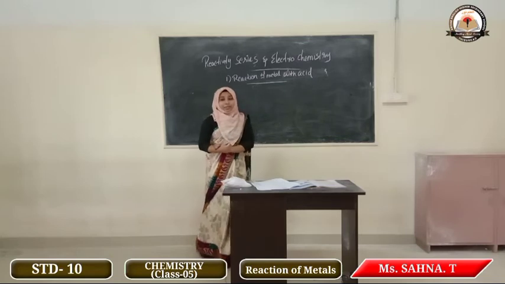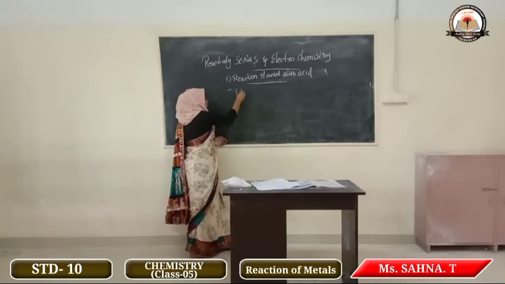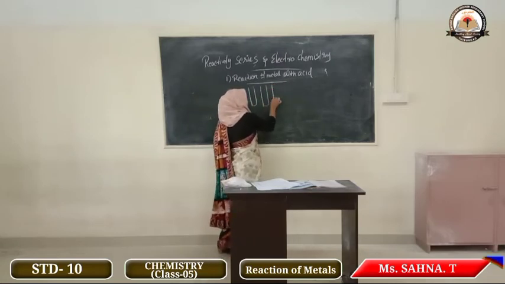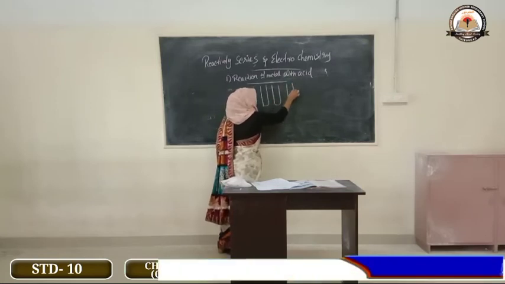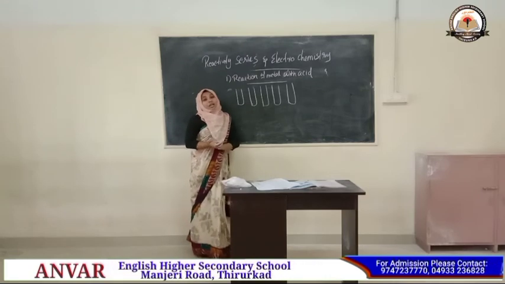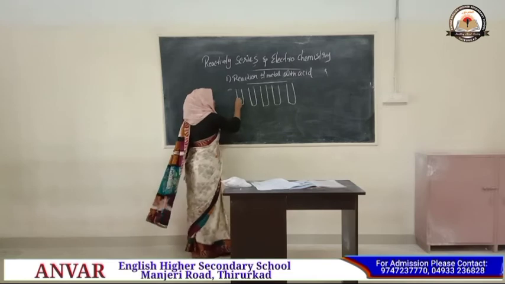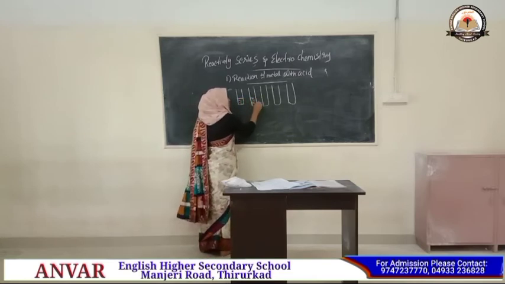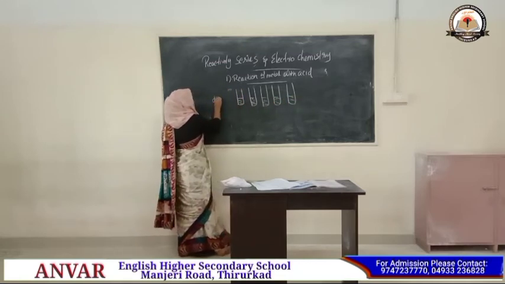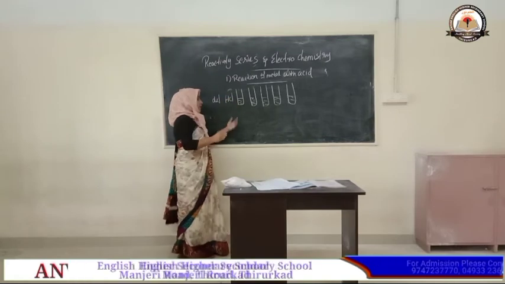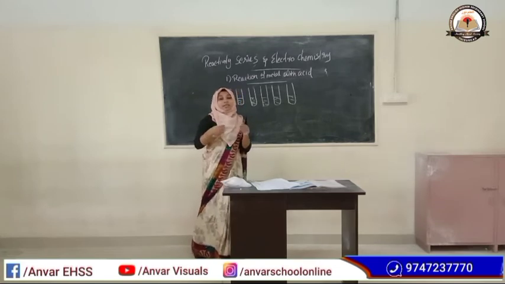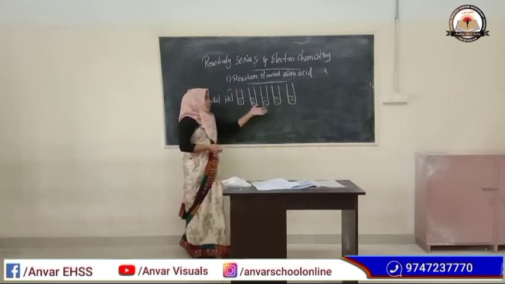First we do an experiment, that is, take 5 test tubes and add equal quantity of dilute hydrochloric acid in each test tube. Which substance is added? Dilute hydrochloric acid. Then we take same size pieces of different metals and add to each test tube.